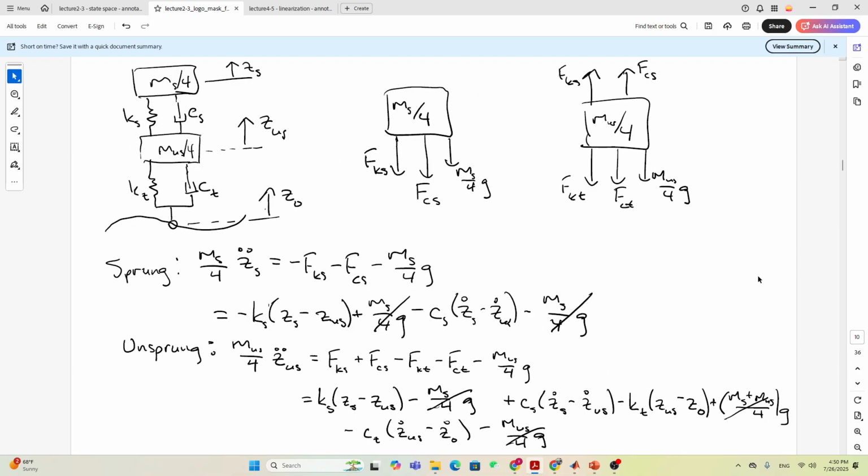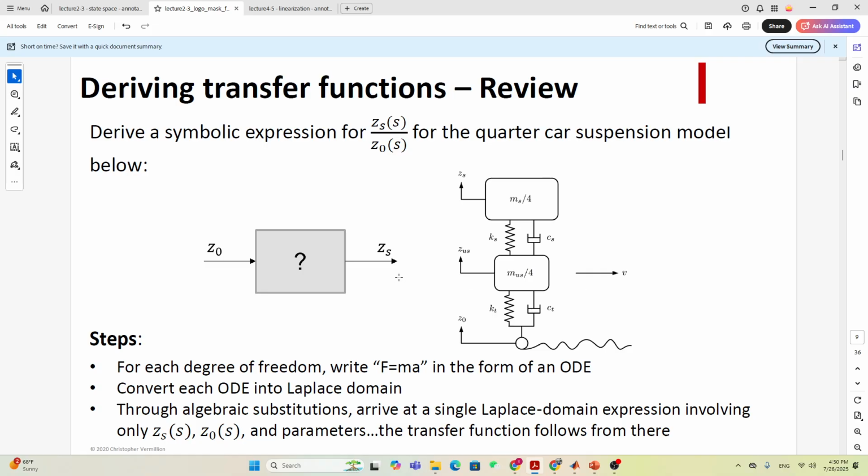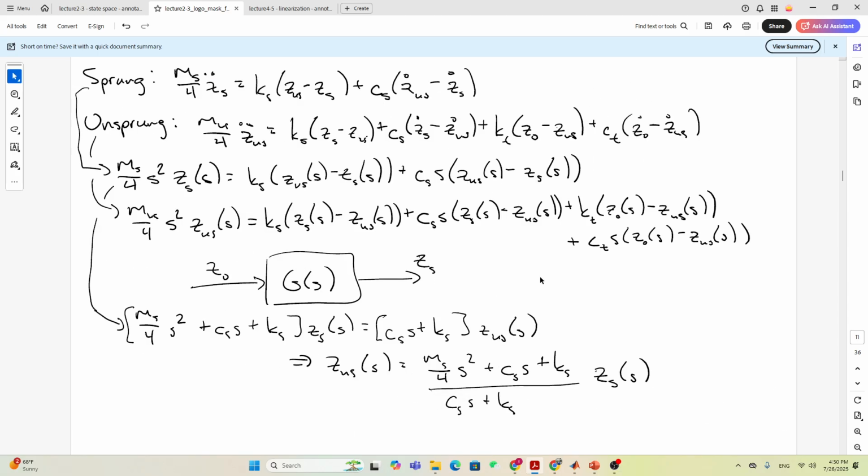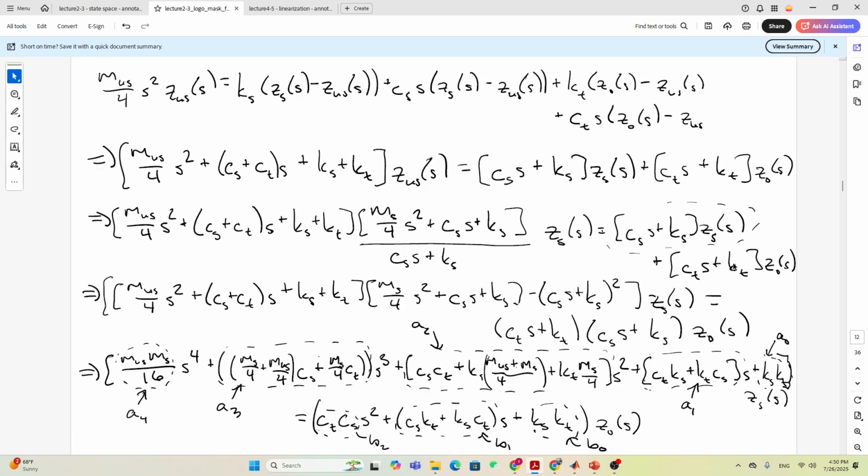So our initial goal is to derive the transfer function between z_0 and z_s, right? So now we are very close to the final step. Then what we need to do is to make sure we factor out or move all z_s terms to one side and z_0 of s to another side, and then you get the fourth equation.